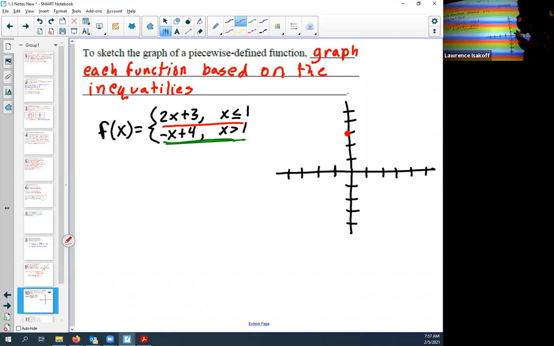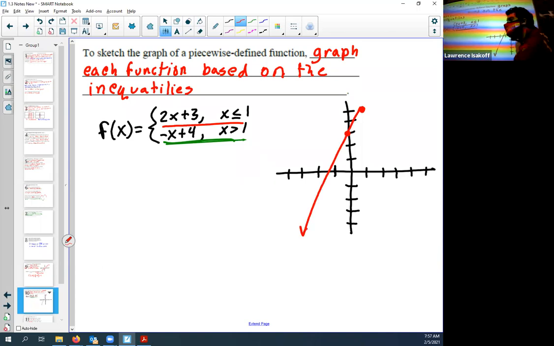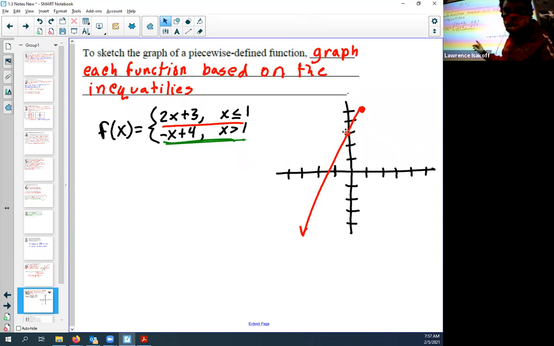That is my critical value. So since this has a line underneath, I am going to draw that as a filled-in circle. Now here, since it's all the values less than 1, it's technically a straight line like this, ending at x equals 1. Again, we're going to see this on Desmos.